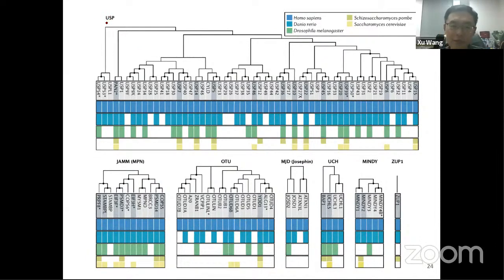The biggest subfamily is the USP subfamily, and it contains around 50 members. The smallest subfamily is the SUP1 subfamily. It has only one member, called SUP1. Before, I concentrated on DUBs from the OTU subfamily. The full name of OTU is ovarian tumor domain ubiquitinases.